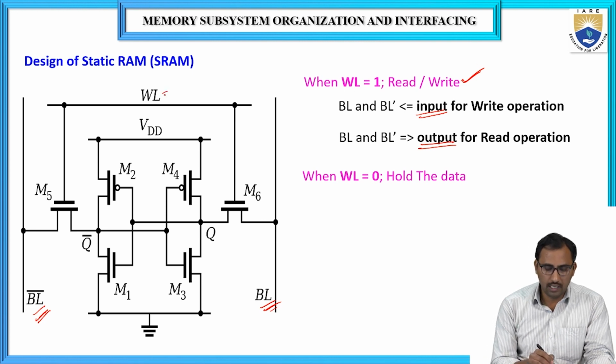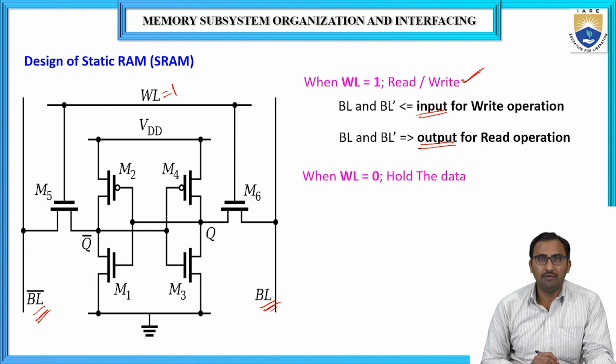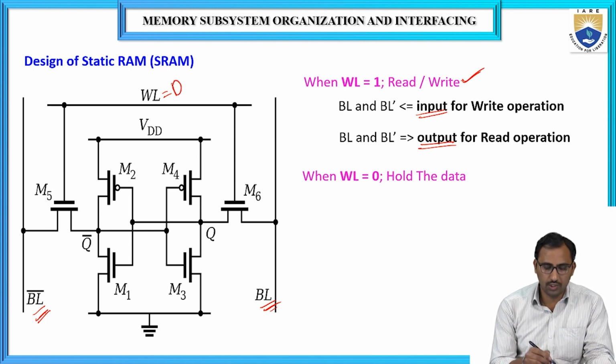So when WL is equal to 1... suppose WL is equal to 0, that means the transistors M5 and M6 will be turned off.